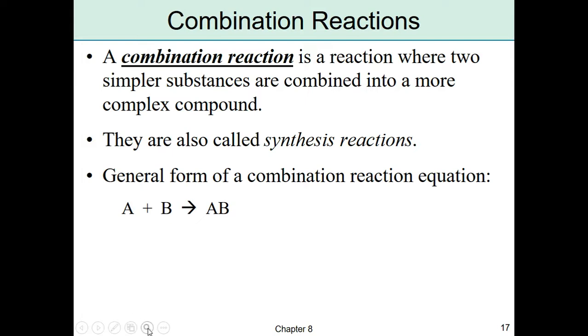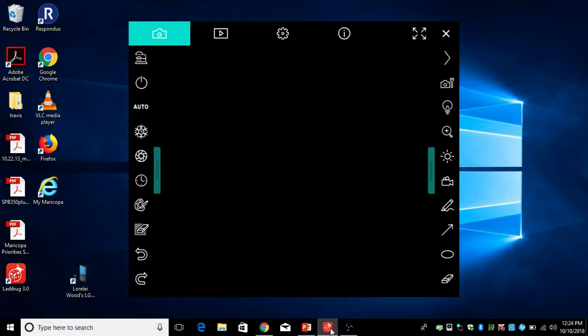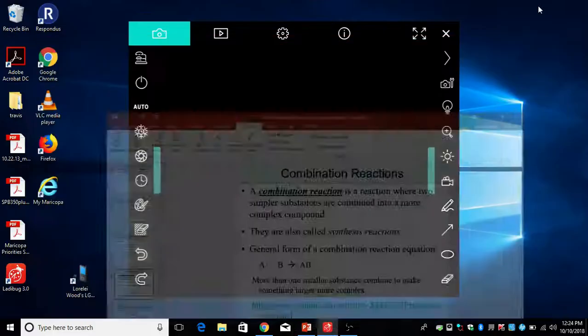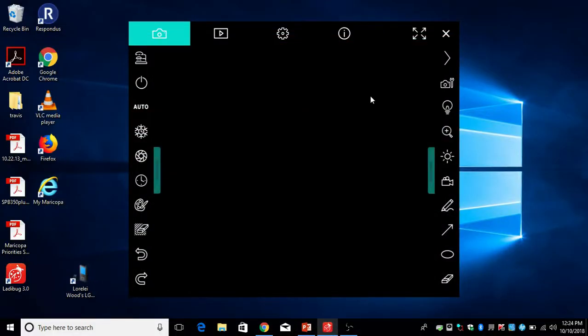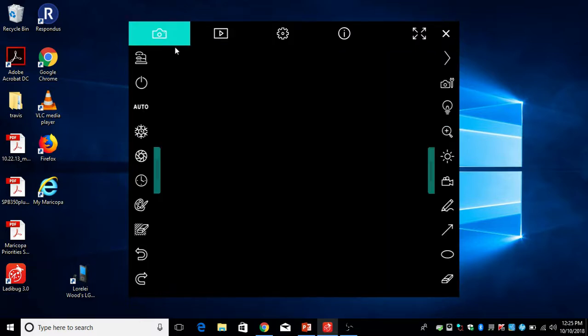Where's the ladybug? There it is. So I take the PowerPoint and do what with it? Minimize it? It won't show what's on the ladybug here. I'm trying to get what's on the paper. Is it frozen or something, or is it plugged in?